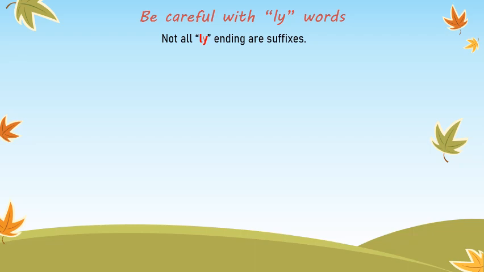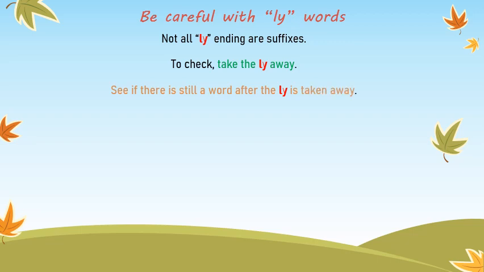Now let's go on. A word of caution. Be careful with "ly" words. Note that not all "ly" endings are suffixes. To check, take away the "ly". See if there is still a word after the "ly" is taken away.